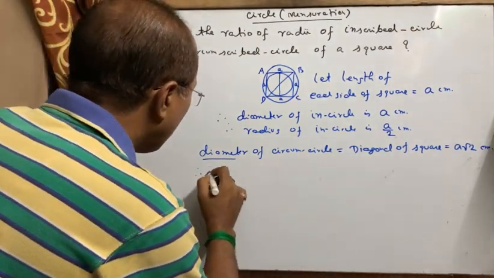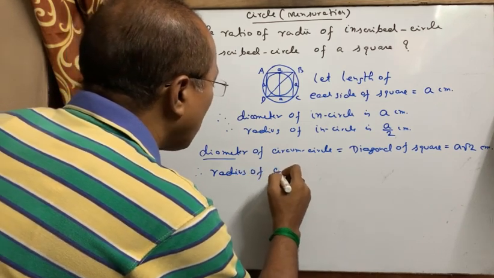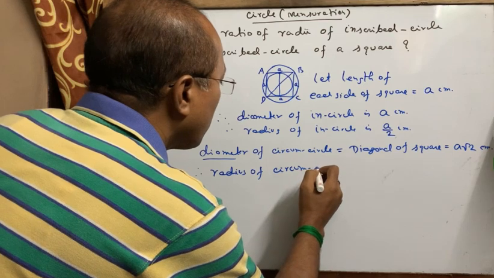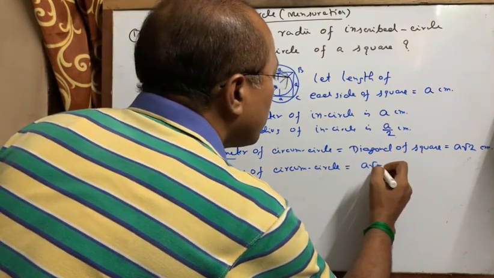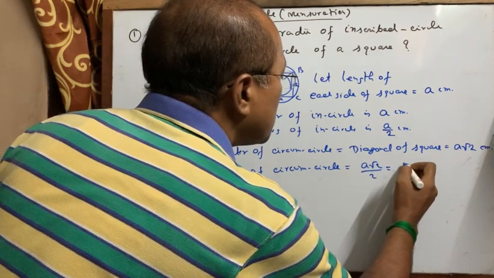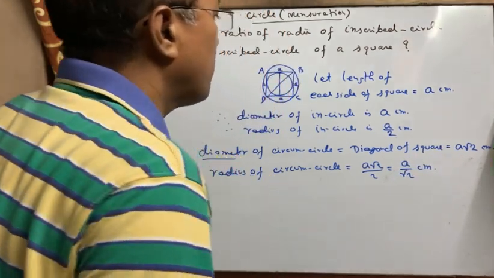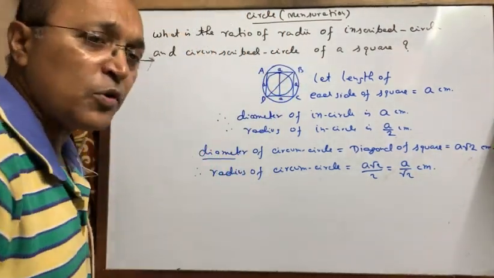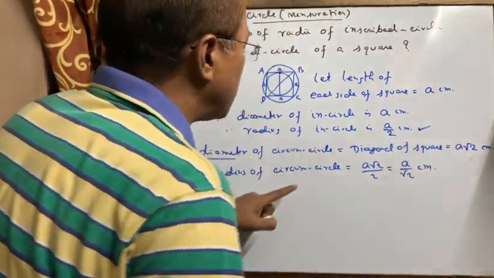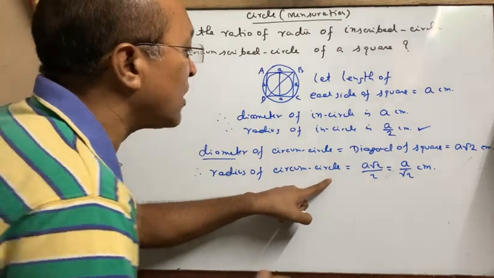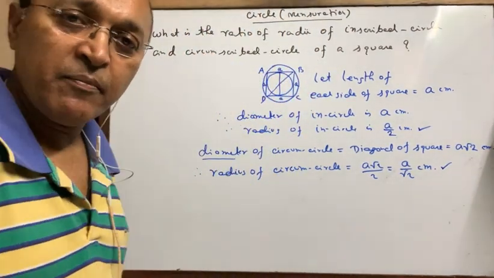Therefore, the radius of the circumcircle is equal to a root 2 by 2, that is a by root 2 centimeter. Okay. So we got the radius of the incircle a by 2 centimeter, and the radius of the circumcircle a by root 2 centimeter.